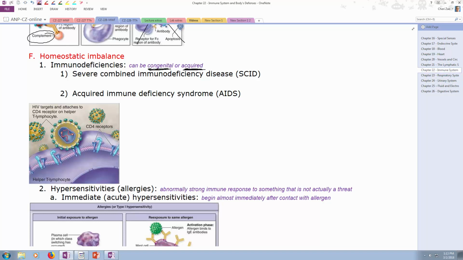Of the two immunodeficiencies, I would like you to know about severe combined immunodeficiency disease. SCID is the abbreviation. And this means that we have an absolute deficit of T and B cells. So no T cells, no B cells, and so that means that you are not going to survive unless you're the boy in the bubble.